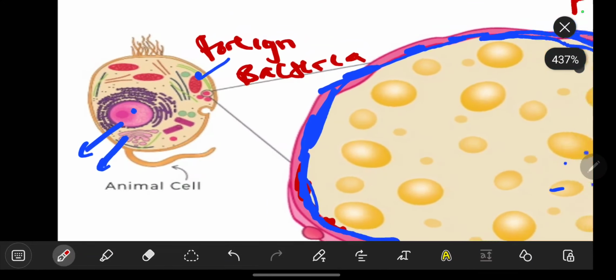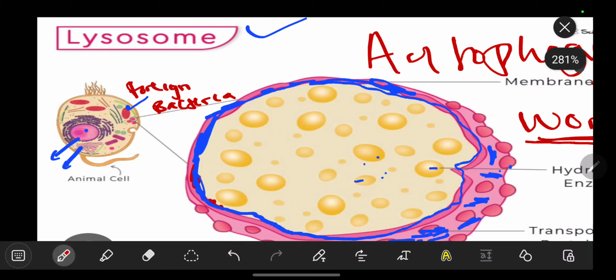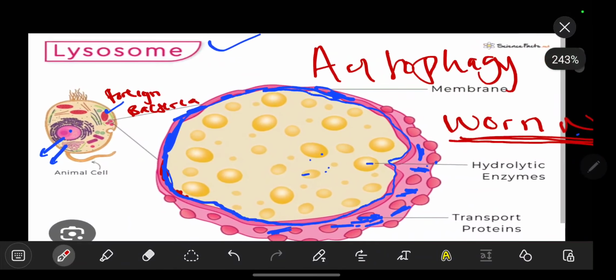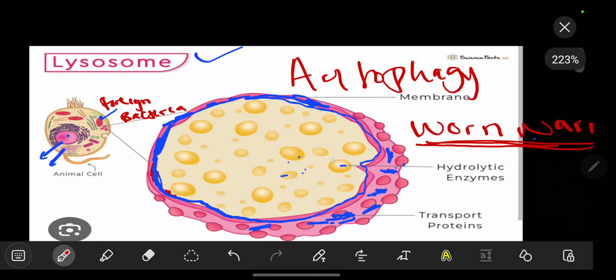Now, to prevent what we are going to call autolysis, the hydrolytic enzymes of the lysosome are prevented from escaping by the lysosomal membrane, which is made of phospholipids.